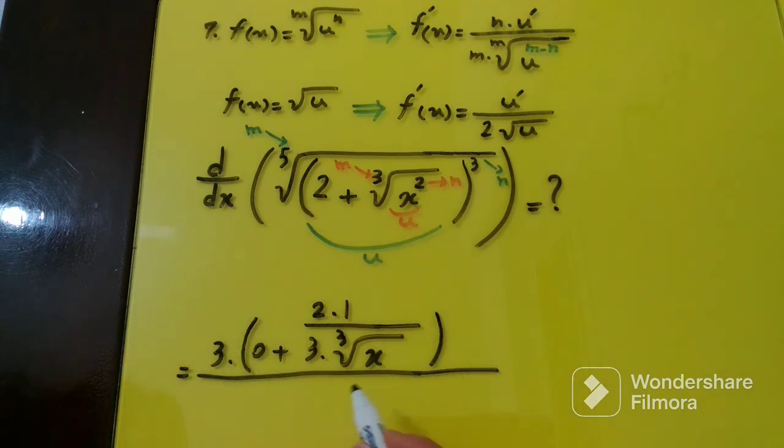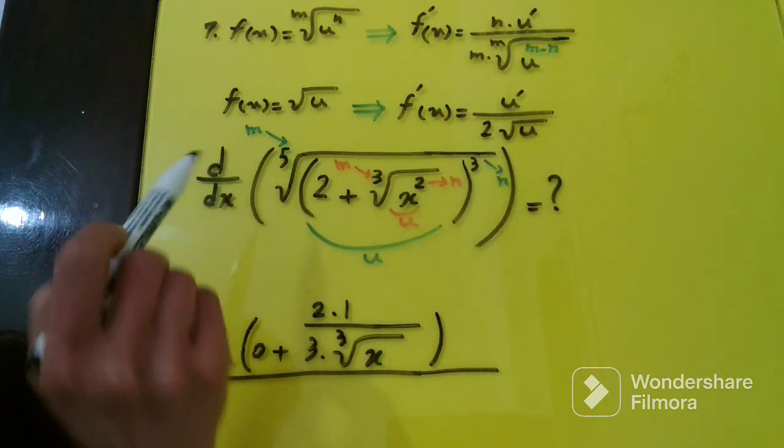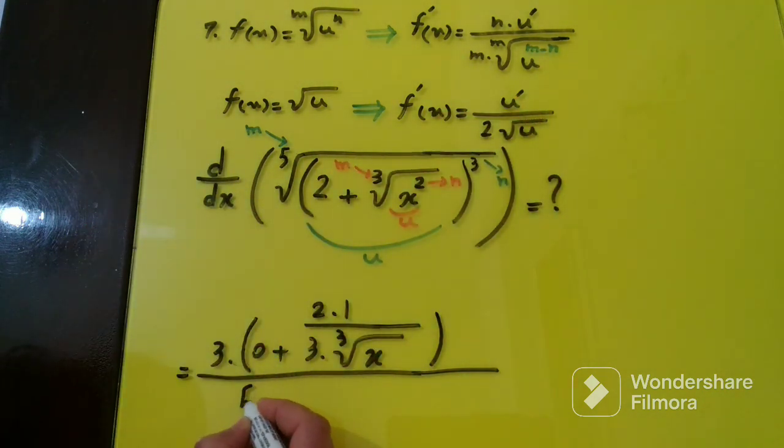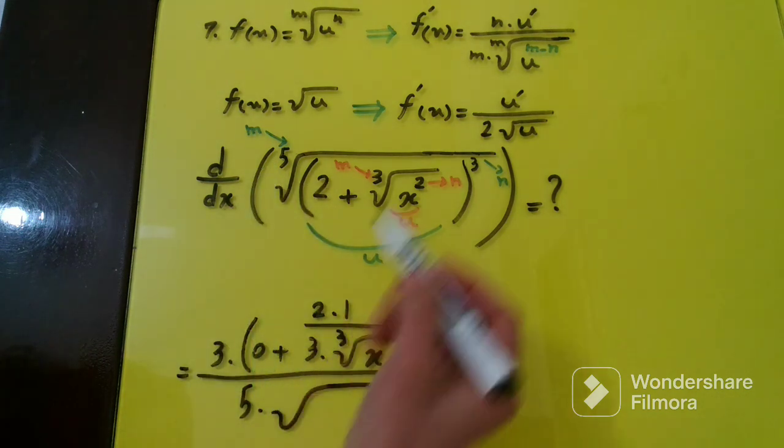And for down, you should put m, but this m, 5, times 5 again.